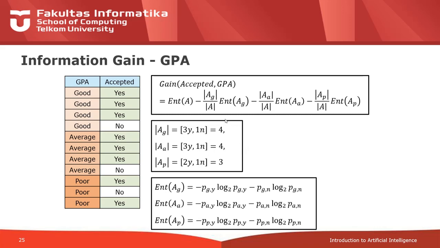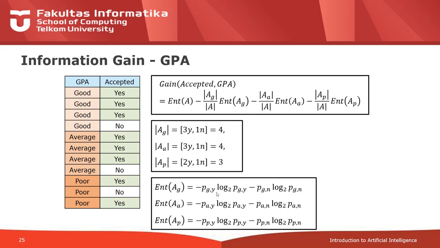So in order to calculate the entropy for each of the values, that means for the entropy of accepted according to good, we have to know the probability of good and yes.